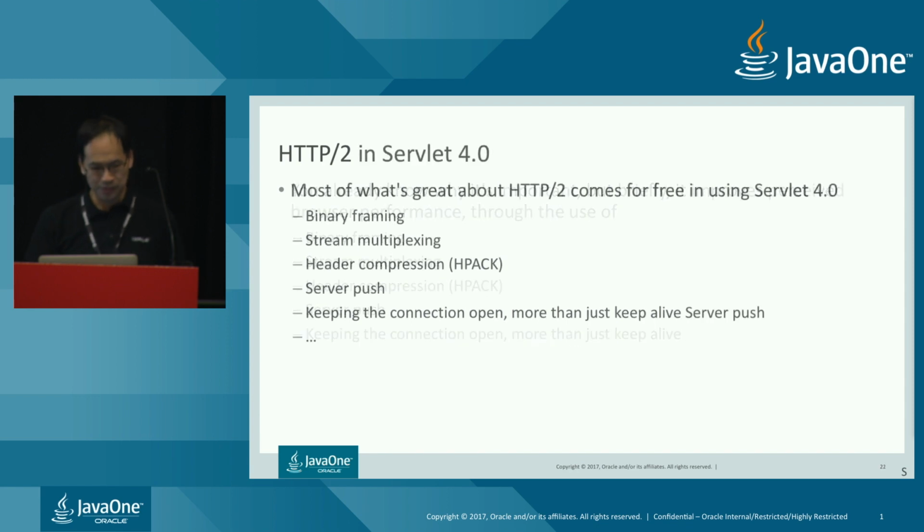Now, what happened in Servlet 4.0? In Servlet 4.0, if you use it, then you basically can leverage all the features in HTTP2. So you get the binary framing, stream multiplexing, header compression, and the connection, those things, free. This is transparent to the user.